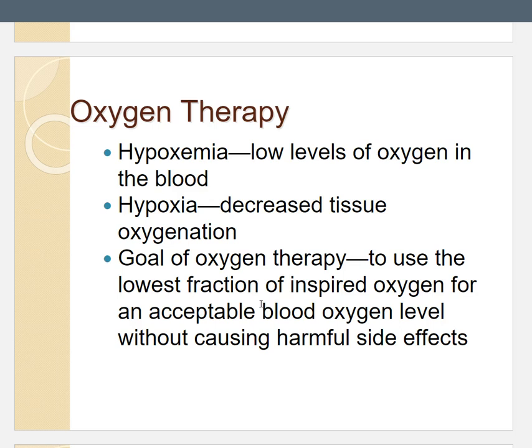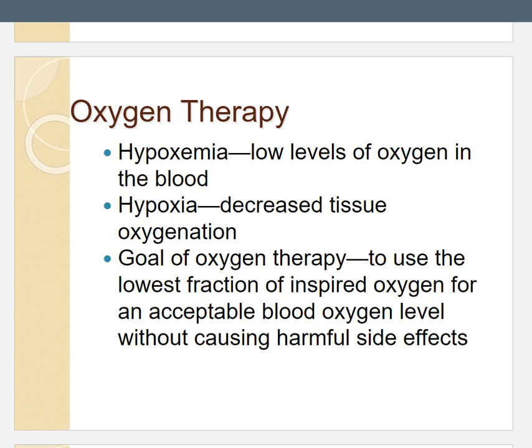And I think people think that oxygen is perfectly safe, and for most patients it really does good for them, but it can cause harm. So our goal is to provide oxygen therapy that really will increase that PaO2 without causing our patient some harmful side effect, okay?